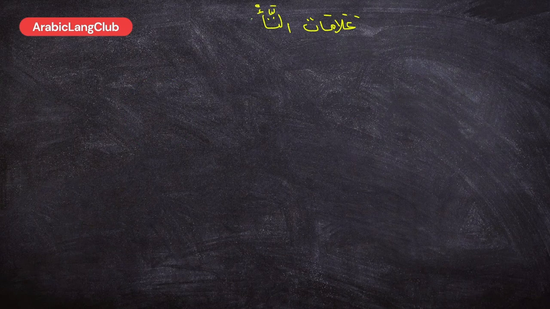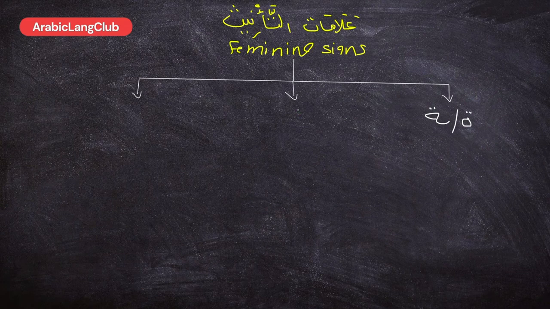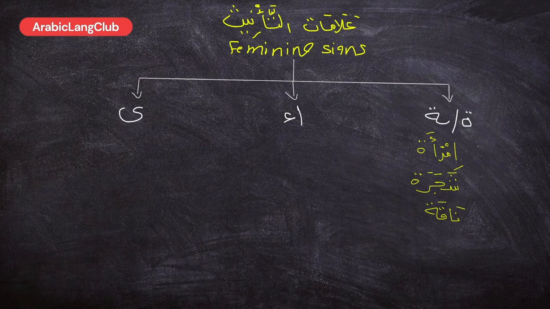So, alamatu at-ta'nith, or feminine sign. The first one is ta marbuta. It comes with words like imra'a, shajara, or naqa. The second sign is alif mamduda.